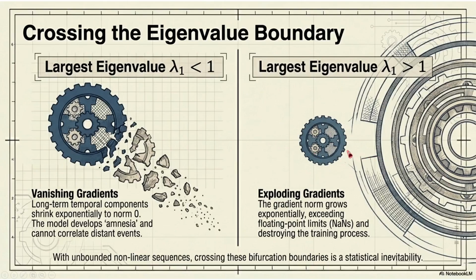But if the largest eigenvalue is greater than 1, we get exploding gradients. The gradient norm grows exponentially, exceeding floating point limits, turning into null values, and completely destroying the training process. With unbounded and non-linear sequences, hitting this boundary is practically a statistical inevitability.